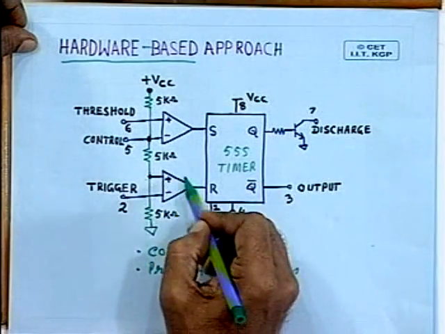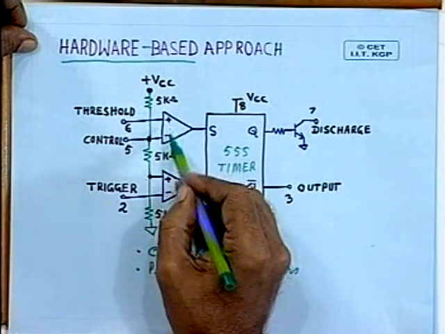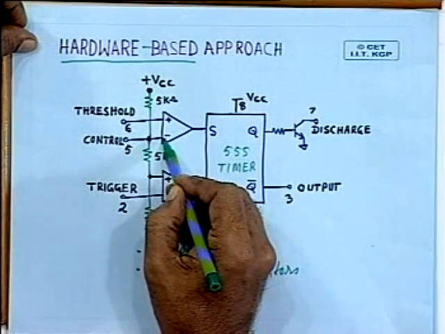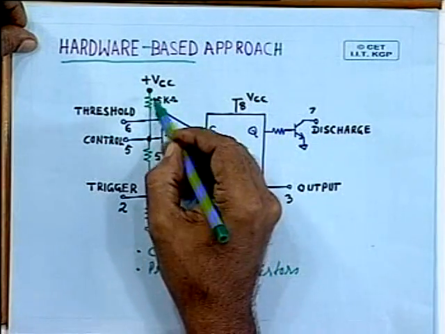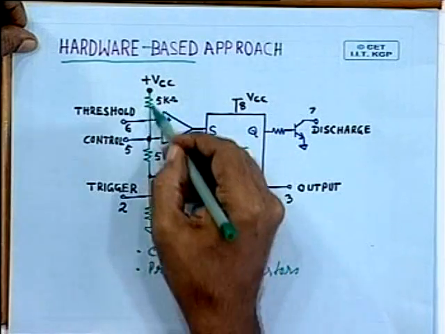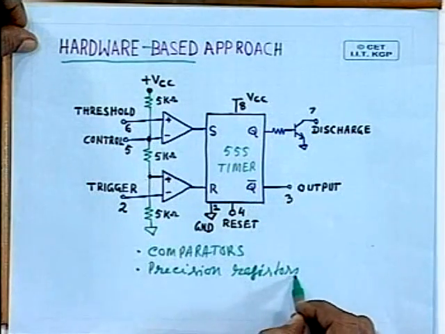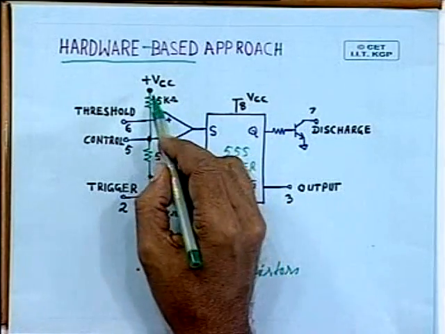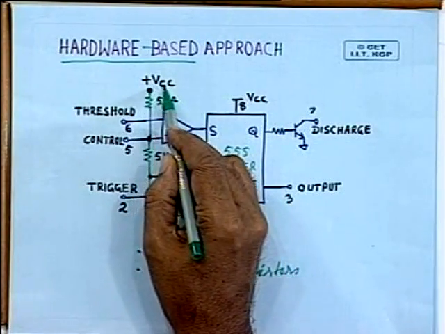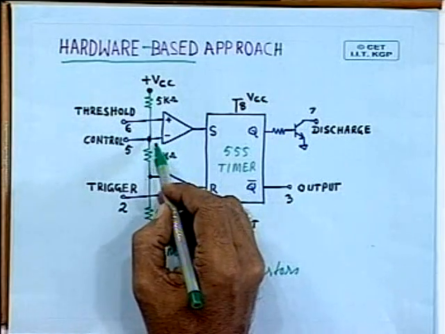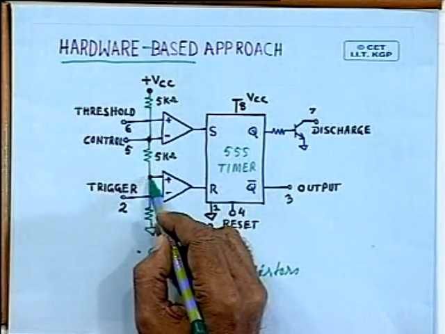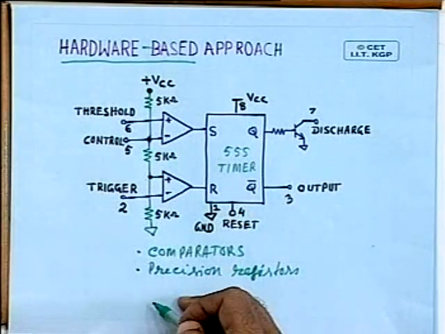So is true for the lower comparator, and to positive input of the lower comparator and the negative input of the upper comparator, there are 3 resistors, 5 kilo ohm resistors, which are precision resistors, laser trimmed, very accurate. And as a result, if you apply a voltage VCC here, then you will get 2/3 VCC voltage here and 1/3 VCC voltage here by simple Ohm's law.